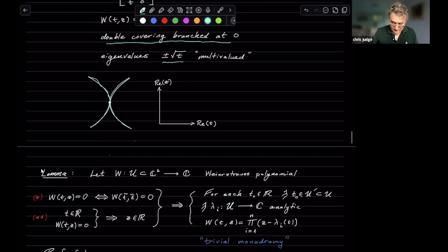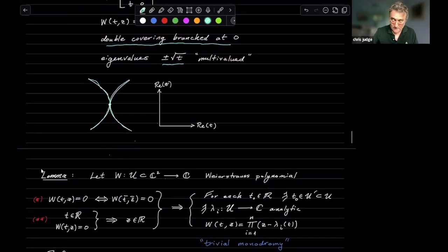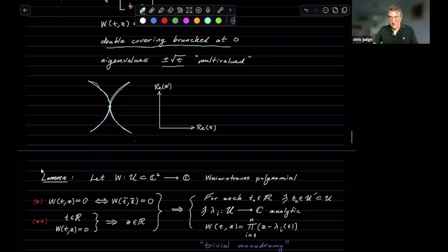Rellich has a couple of lemmas, which I've summarized into this particular lemma. Because he has this condition that A star of t is equal to A of t bar, he's looking at a very special kind of family of matrices. When t is real, this is just the symmetry condition.